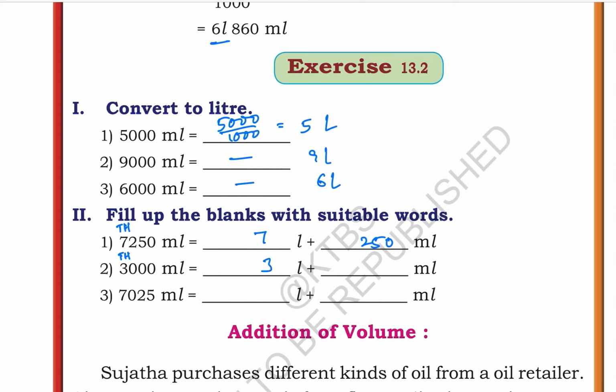Because the relationship between ml and liter is 1000, so we are doing like this in this chapter, the chapter of volume, right? Here 7 liter, 025 milliliter, right? Did you understand? Okay.